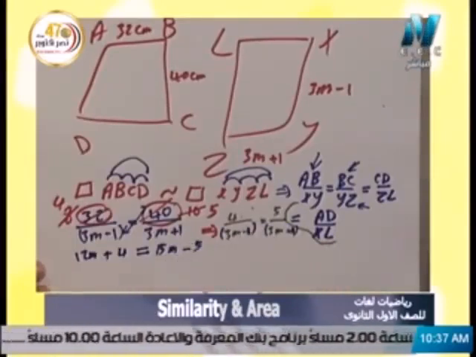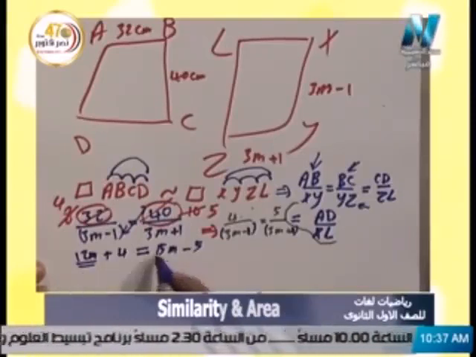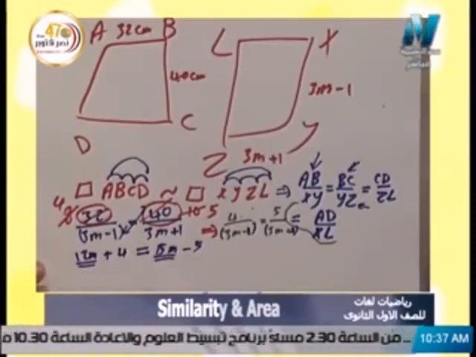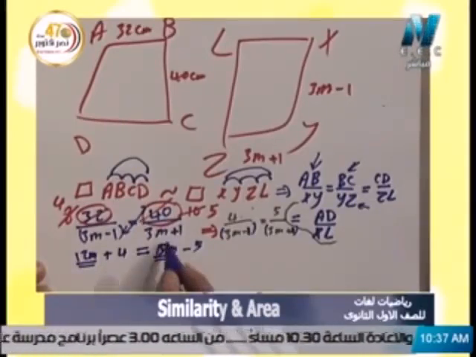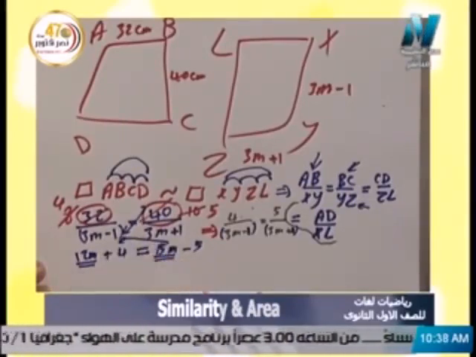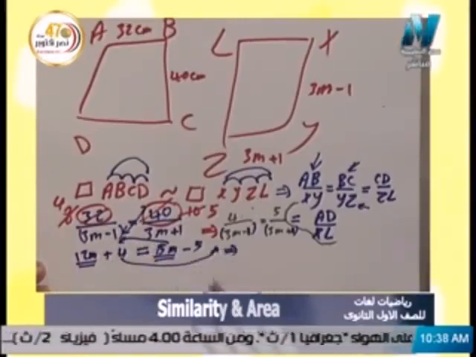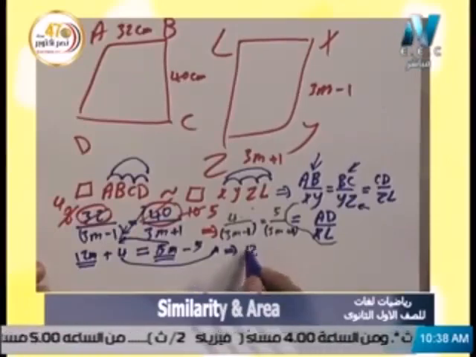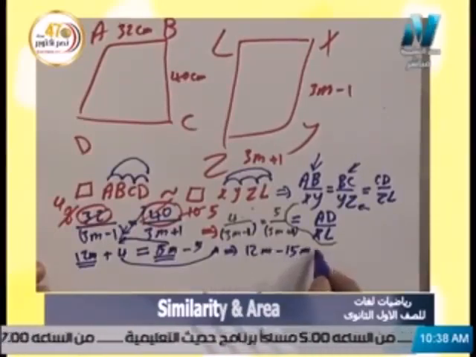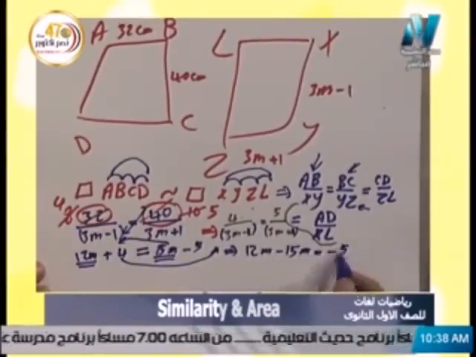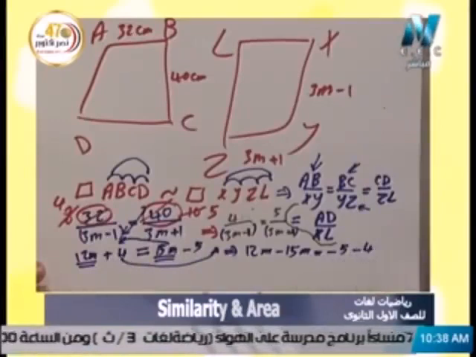Okay, we have here 12m on the left side and 15m on the right side, and we must transfer 15m here and 4 to be here to complete the equation. So 12m minus 15m equals negative 5, and we will transfer 4 here to be negative 4.